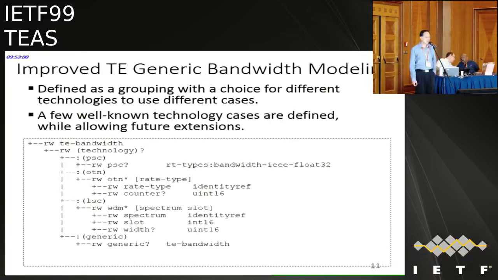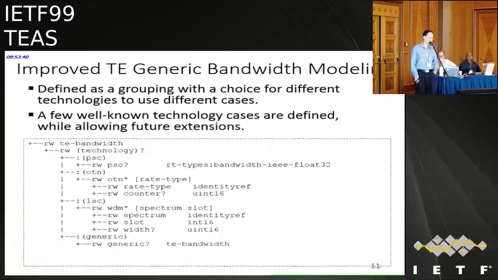About the generic bandwidth modeling, we used to have a generic string. We got comments that this is too generic sometimes because we have the encoding inside the string, so the implementation has to parse that. We also got suggestions this time from the northbound interface design team, especially from Carlo and Sergio, so we will work on this a little bit further.